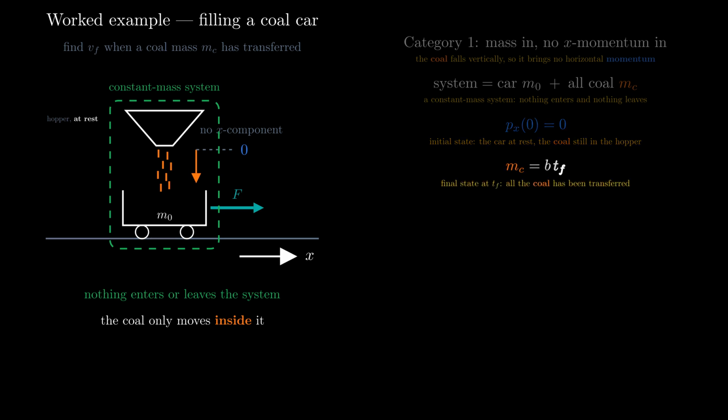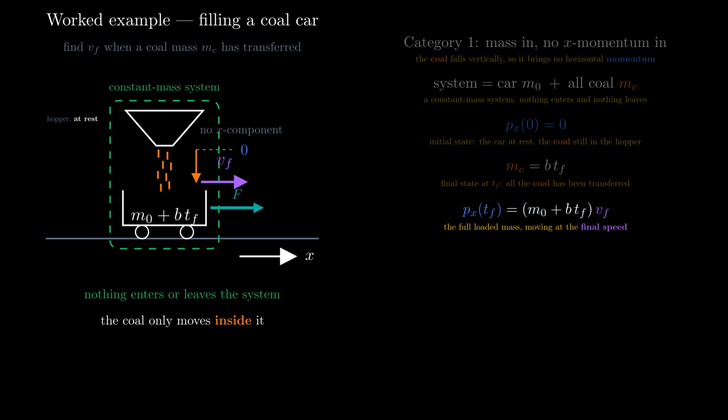The final state at time t_f is when all the coal has been transferred, so m_c equals b times t_f. The loaded car of mass m0 plus b times t_f now moves at the final speed v_f. The x component of momentum in this state is m0 plus b times t_f, all times v_f.